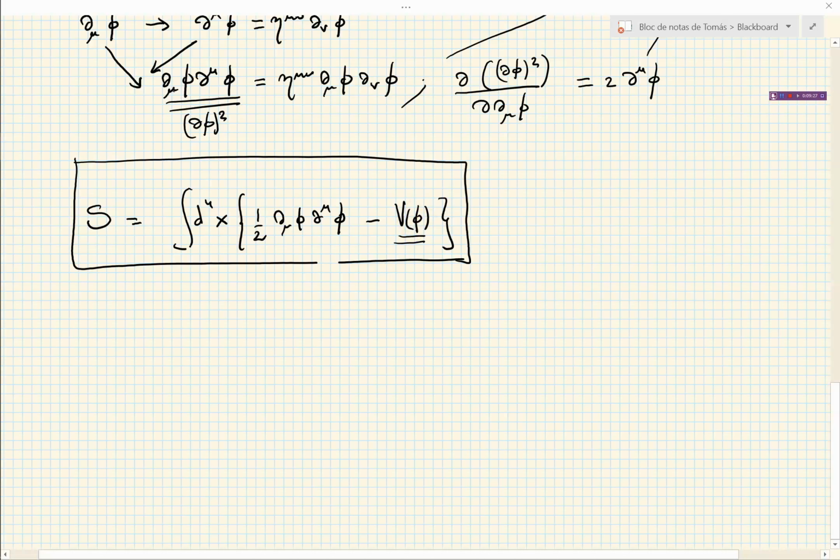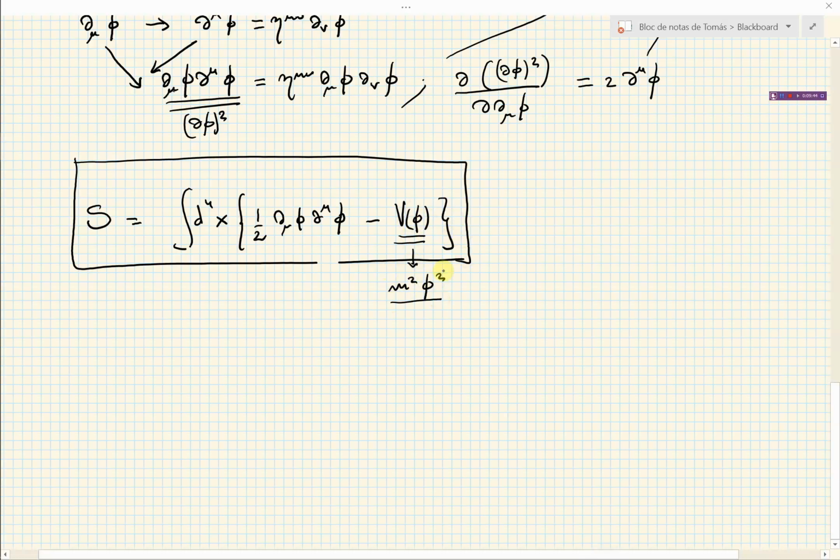And if you add something like m squared phi squared, then if the potential is like this, it is a mass term. We are going to see this in a little while. Higher order terms represent interactions of the field with itself.